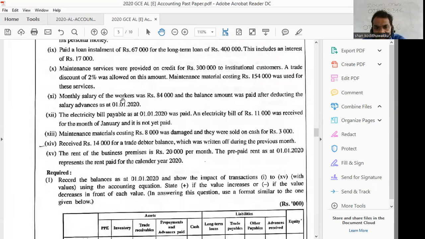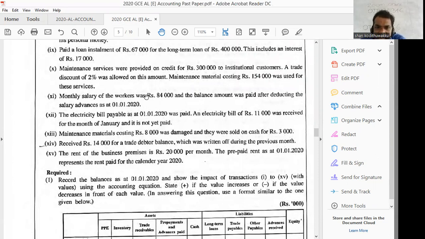Monthly salary of the workers was 84,000 and the balance amount was paid after deducting the salary advance as at 1st January 2020. You know, employees can obtain an advance from the relevant month's salary before the salary due date.